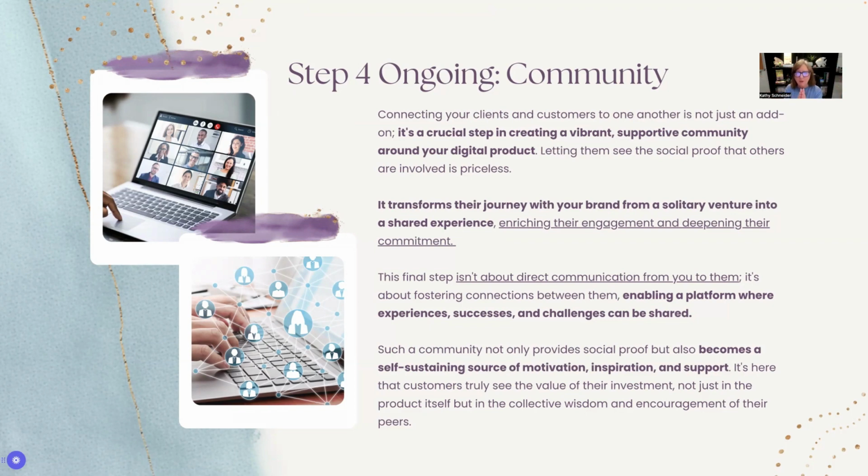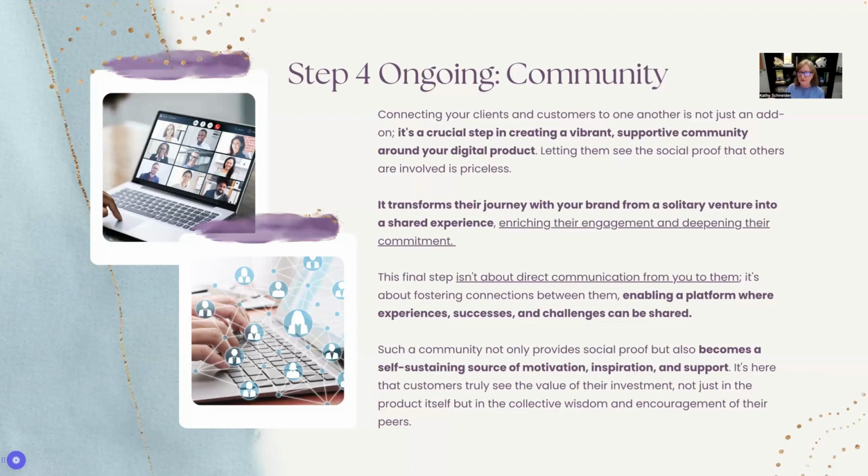But what I'm talking about is a community of only customers, generally only people who bought this particular product. Whether or not you offer that will probably depend on the price point of your product. But I'll be honest, even with my $7 membership, I offer a community. Personally, I think it's so important.